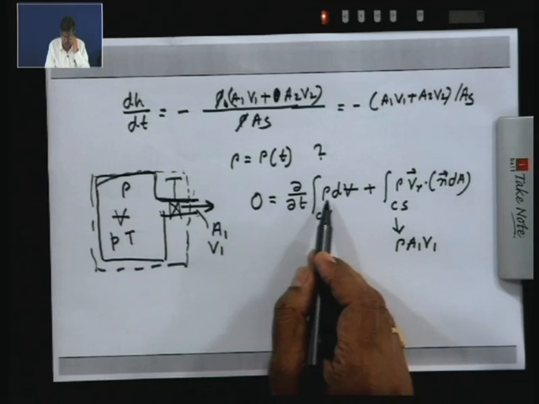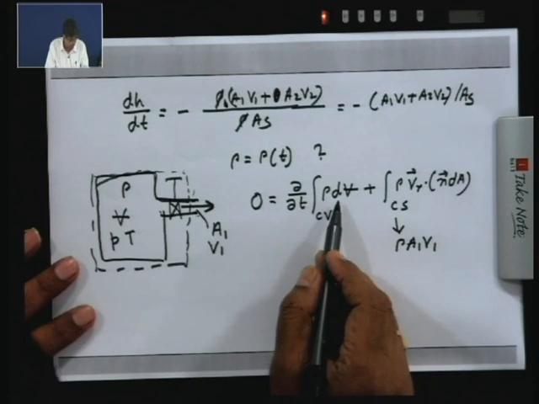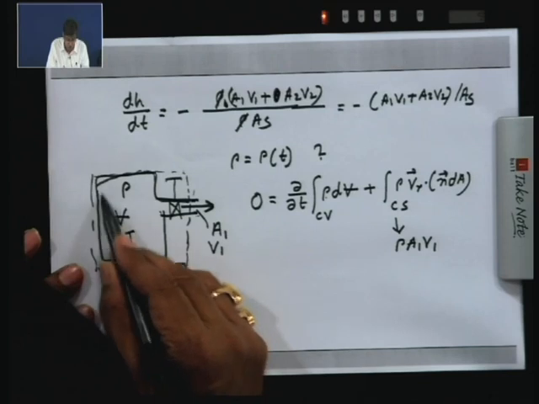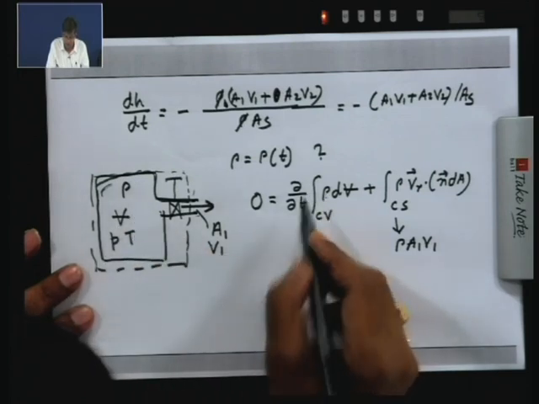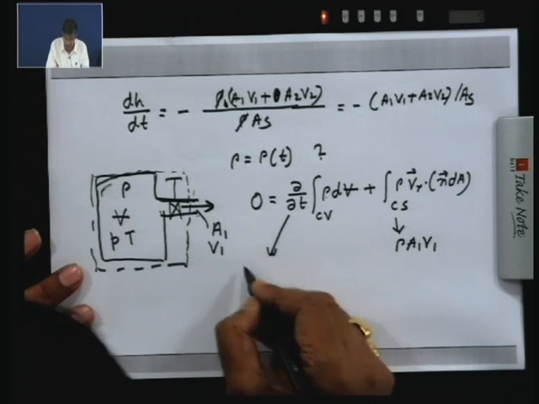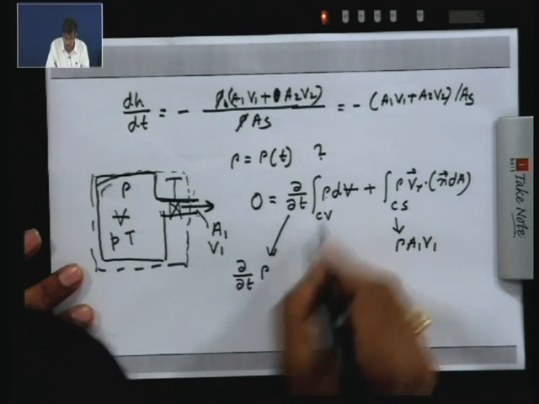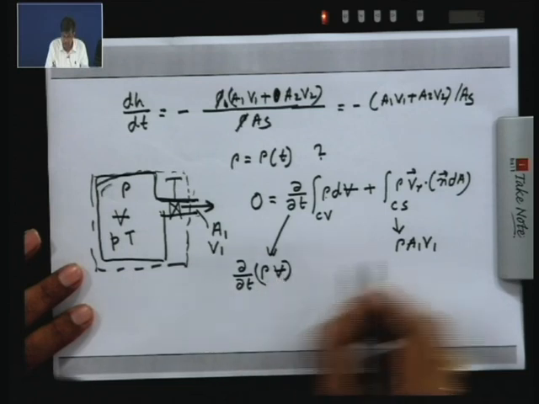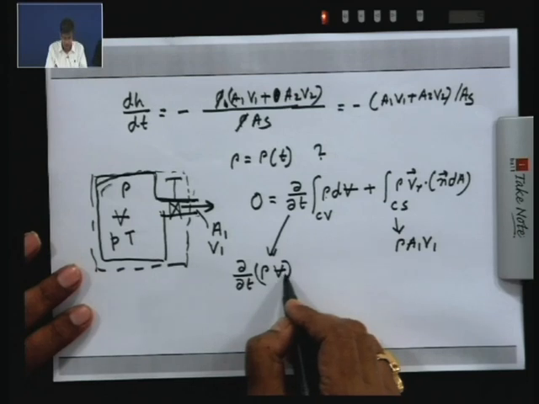Now del t of rho dV. So how to solve this problem? You can take that control volume dV. If we now make an assumption that rho within the control volume at any instant of time is constant, that means it is uniform, but it changes from time to time, then rho can come outside. So the first term becomes del t of rho into the integral of dV over the control volume, plus this term, equals 0. This will give you the equation for the change in density.